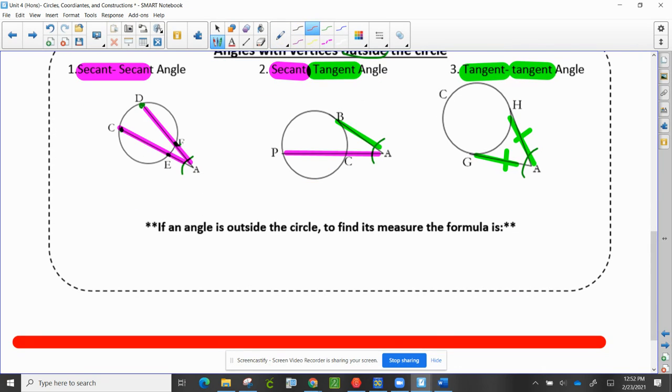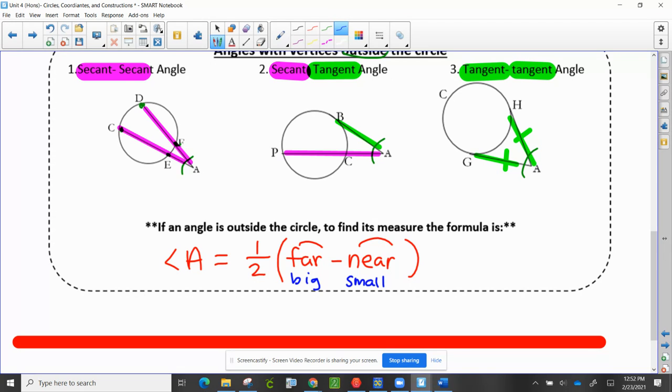It's going to be similar to the one above. So angle A is equal to 1/2 times the far arc minus the near arc. We can also think of this as the bigger arc minus the smaller arc.